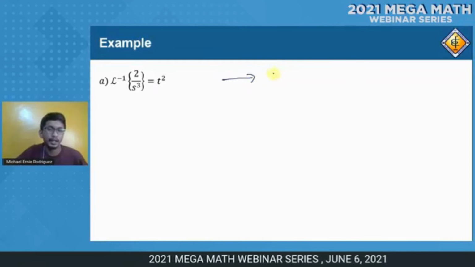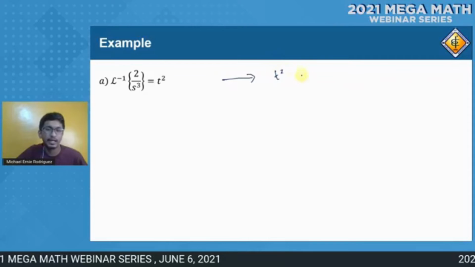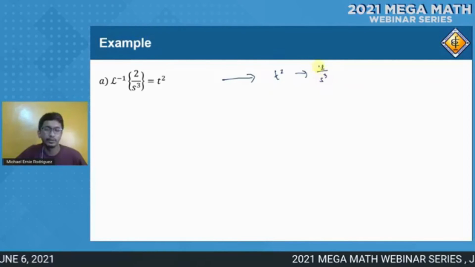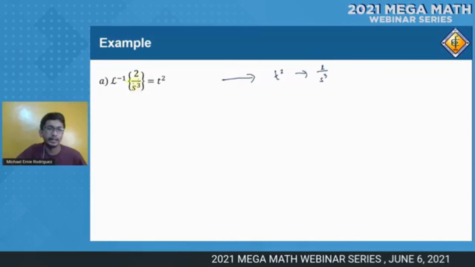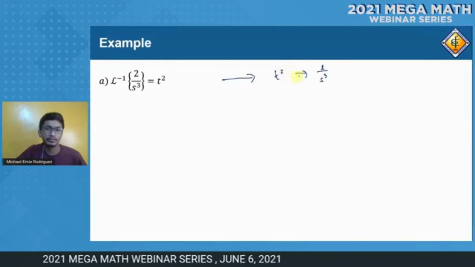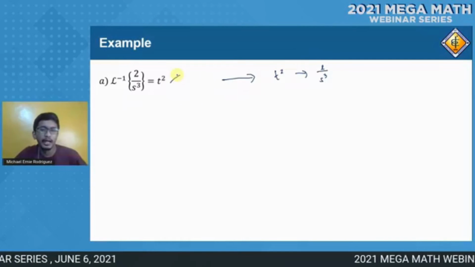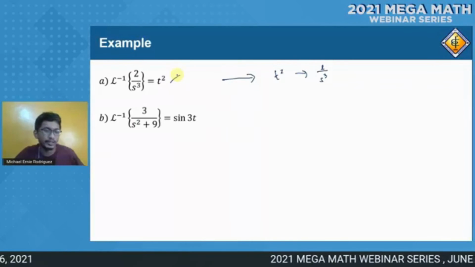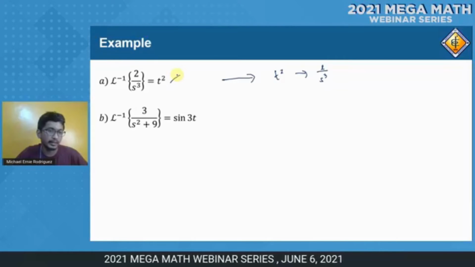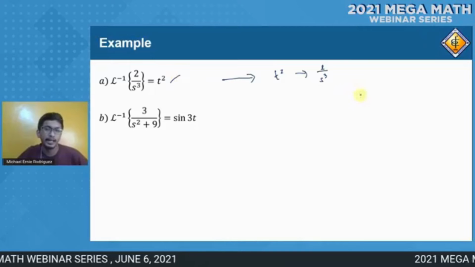So sa formula number 3, so we have t squared, di ba, on your left side. And then ang Laplace transform yan is 2 over s cubed. So nasa table yan. So nakita natin 2 over s cubed, so same siya. So therefore, the inverse Laplace transform is t squared. Okay? And then the next, we have the inverse Laplace transform of 3 over s squared plus 9. So kung nasa table kayo titingin, so this is formula number 8.